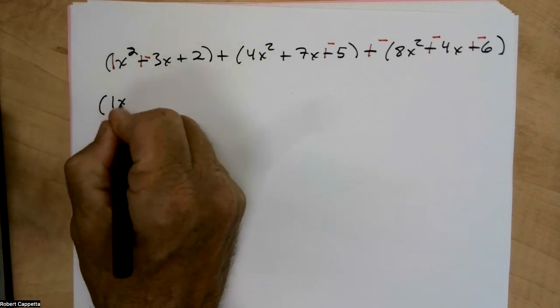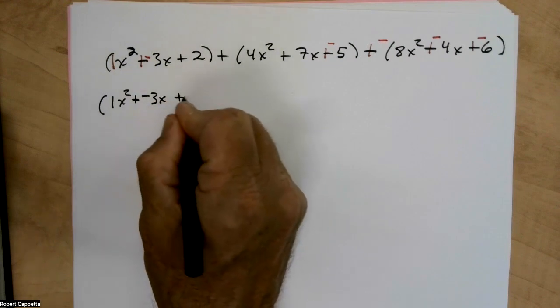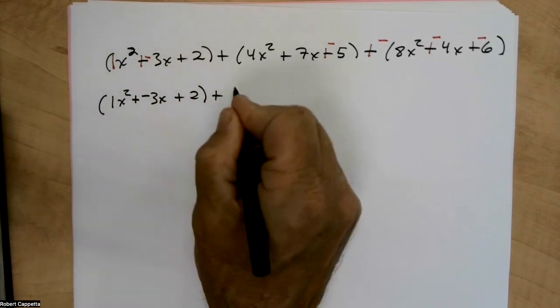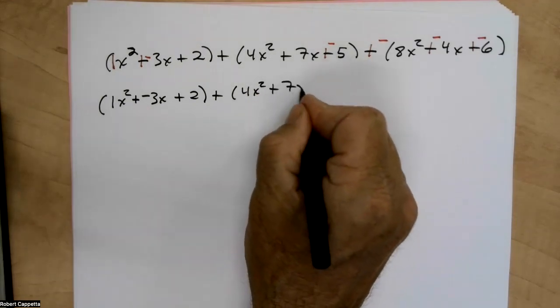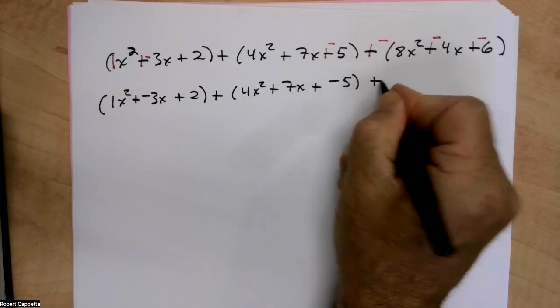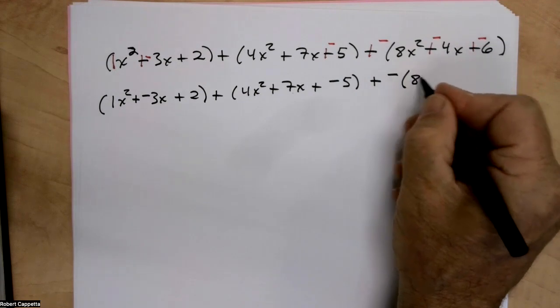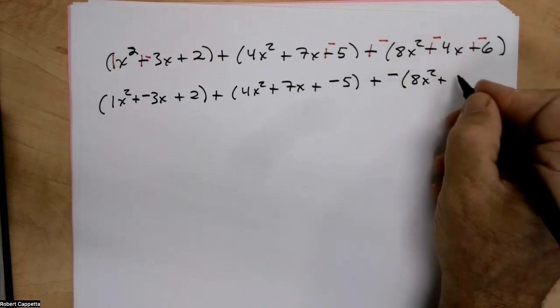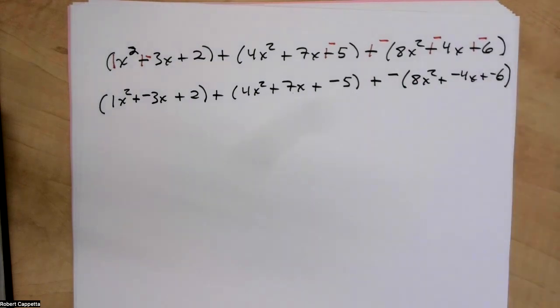So now I have 1x squared plus negative 3x plus 2 plus 4x squared plus 7x plus negative 5 plus the negative out in front, and inside the parentheses I have 8x squared plus negative 4x plus negative 6.